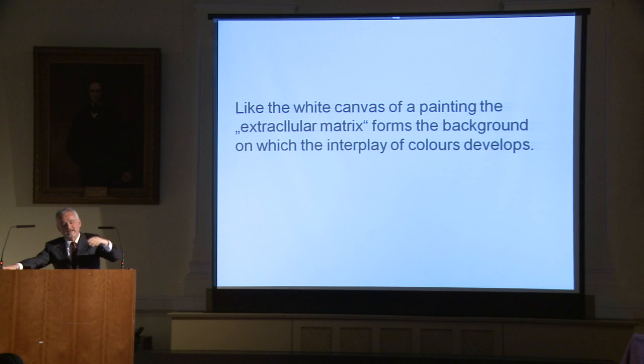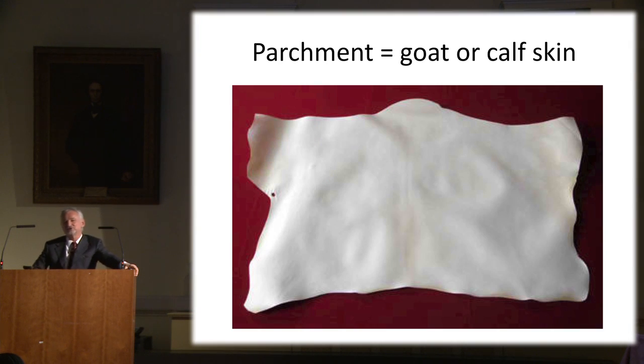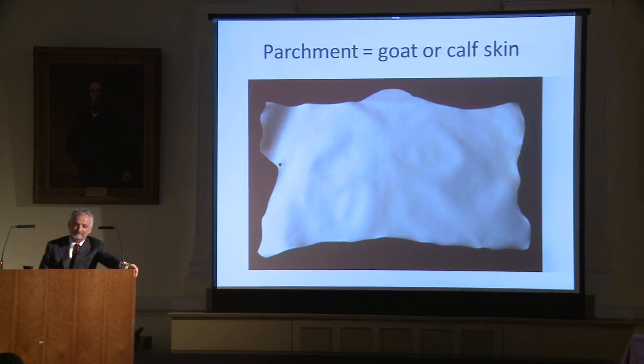But they also form a background on which the superimposed colors develop. The color of the extracellular matrix by itself is a pretty blank white, and this white was used in art for a long time in parchments. That's goat skin or calf skin, and it's not as white as here because it's also bleached, but it's very much comparable with the canvas.